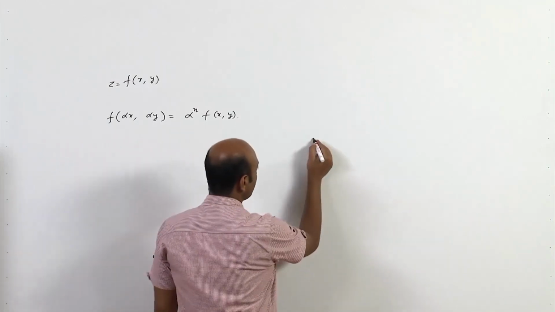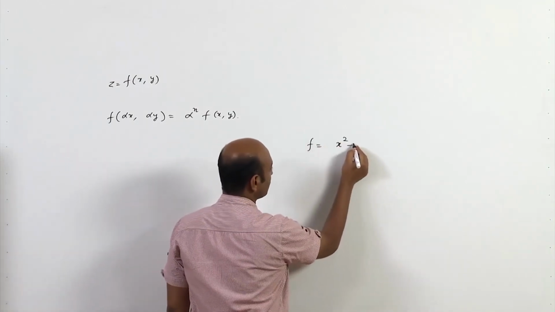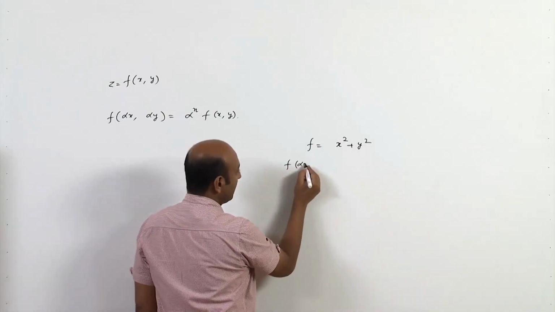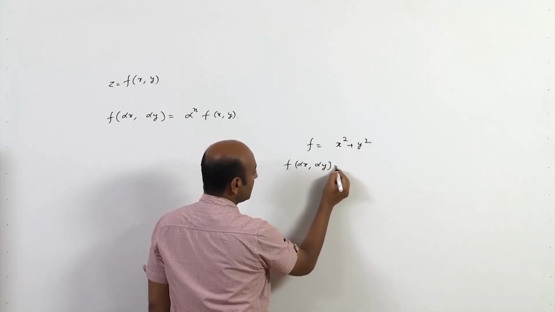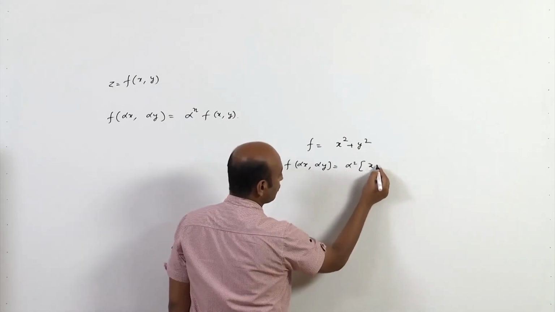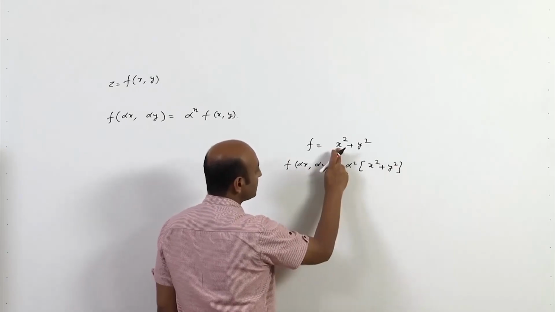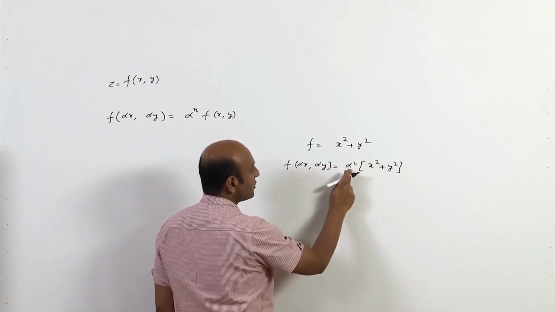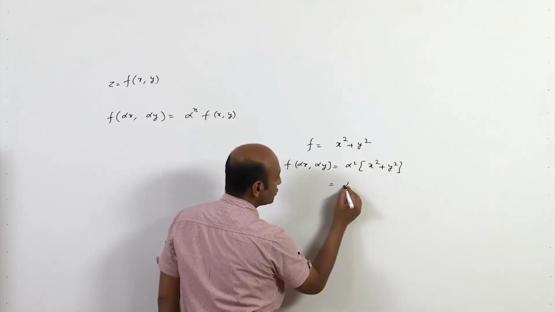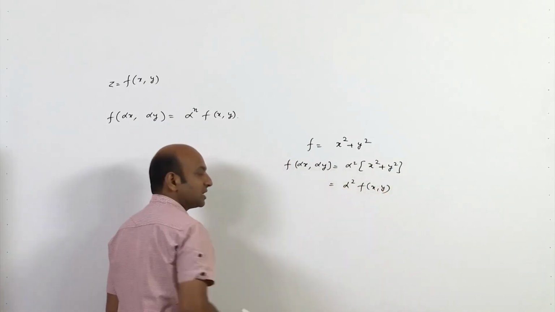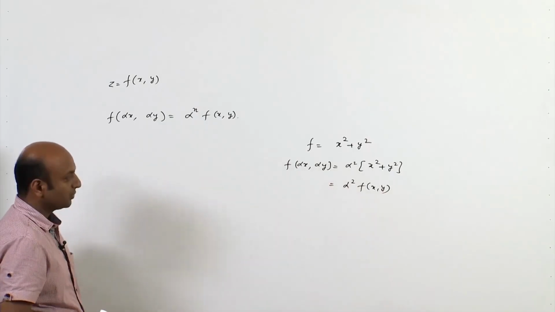Suppose f is x square plus y square. It is clearly homogeneous because if you take alpha x, alpha y, it is alpha square times x square plus y square. You simply replace x by alpha x and y by alpha y. So alpha square will come out and it is alpha square times f of x, y. So we can say that it is a homogeneous function of degree 2.